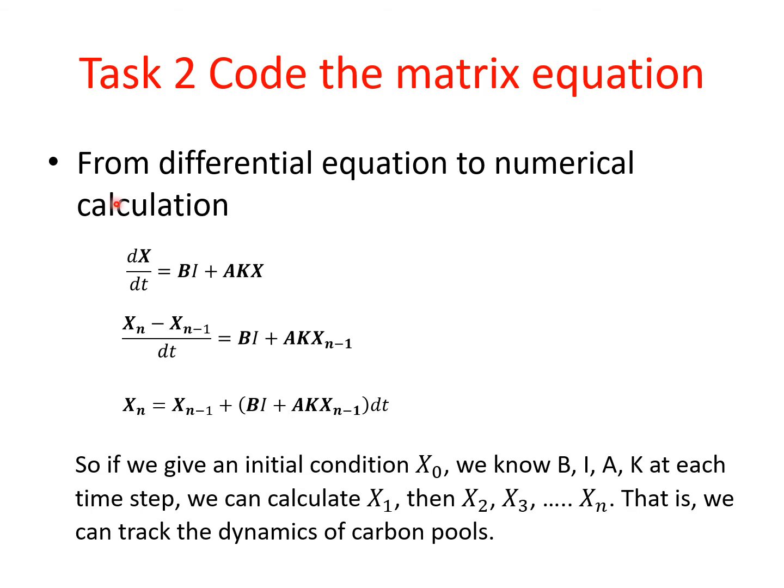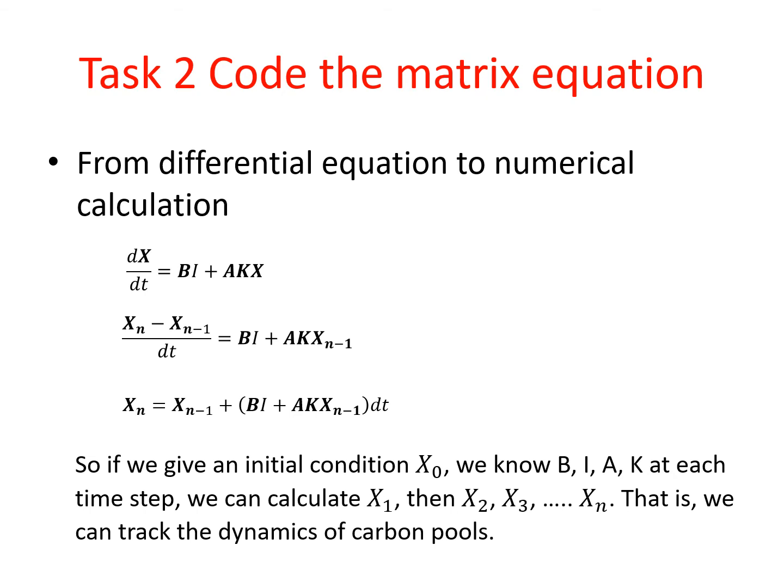You have got very familiar with the matrix equation in a differential form. So by dx, we can numerically write dx as x at the current time step minus x at the previous time step, which gives us a way to calculate x at the current time step from the carbon pool size at the previous time step.